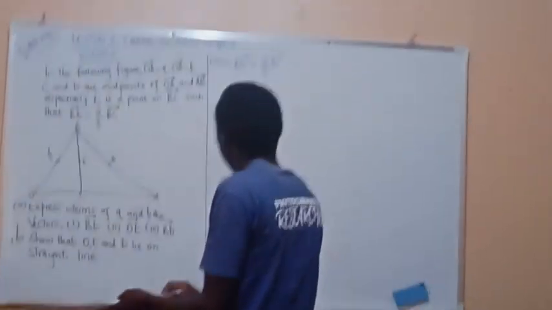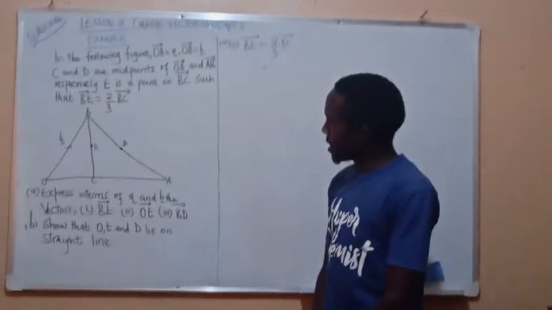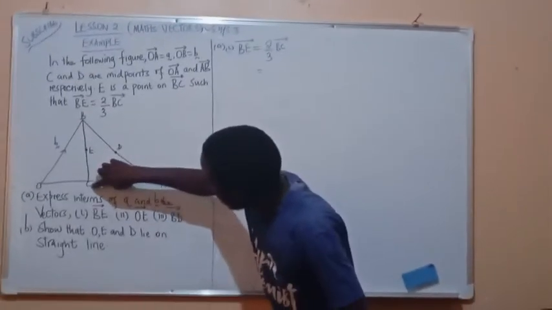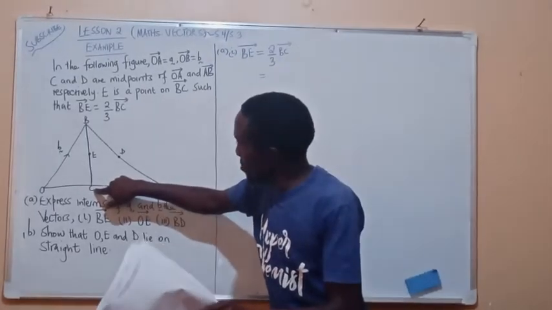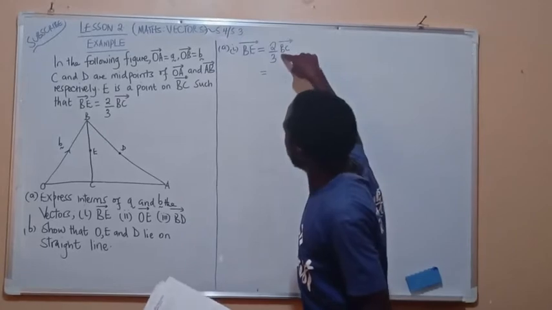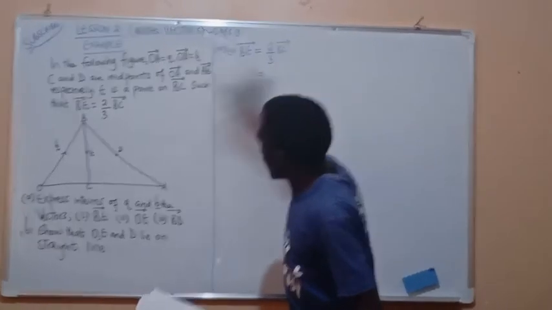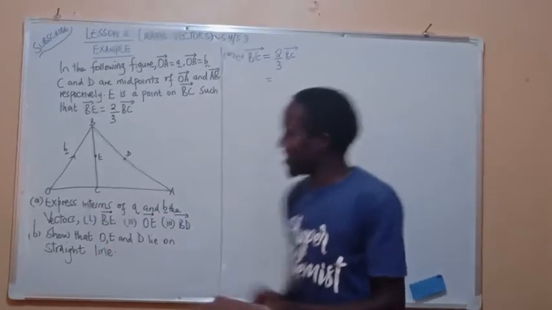But then how are you going to get BC? Bridget, very good. Bridget is saying that since to get BC, we have to start from point B and end at point C, we can say BO plus OC.